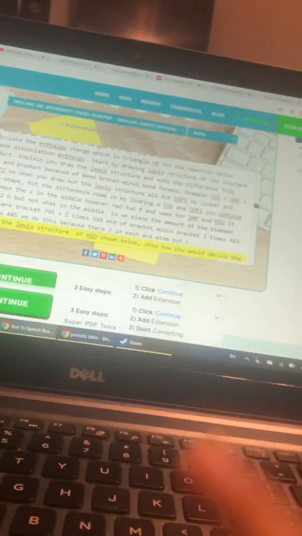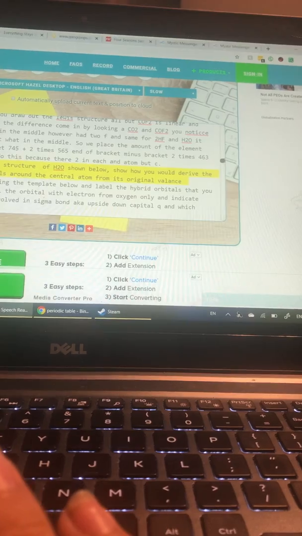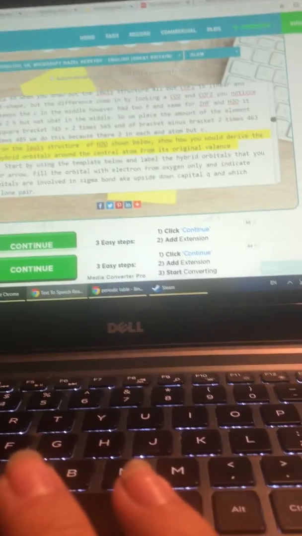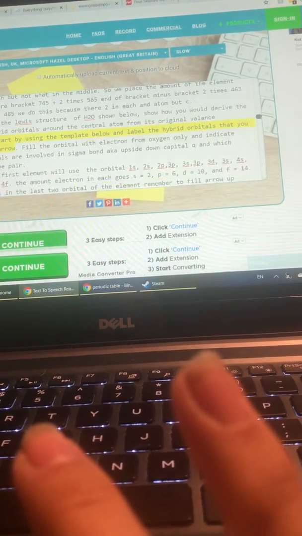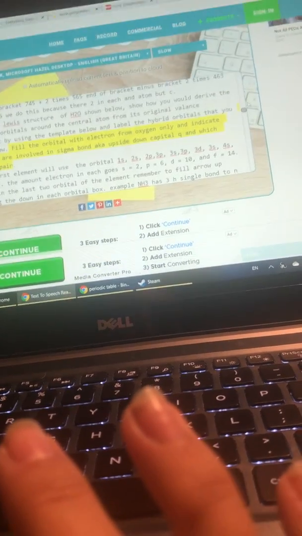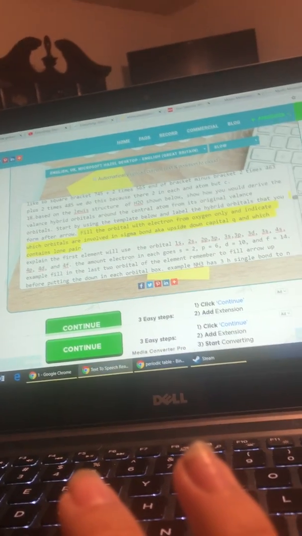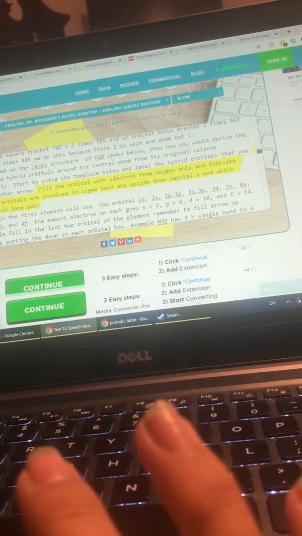18. Based on the Lewis structure of H2O shown below, show how you would derive the valence hybrid orbitals around the central atom from its original valence orbitals. Start by using the template below and label the hybrid orbitals that you form after the arrow. Fill the orbitals with electrons from oxygen only and indicate which orbitals are involved in sigma bonds, aka upside down capital Q, and which contain lone pairs.